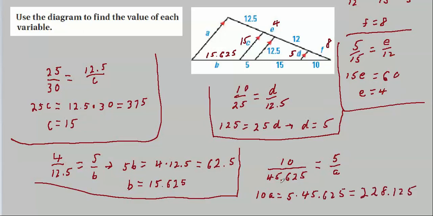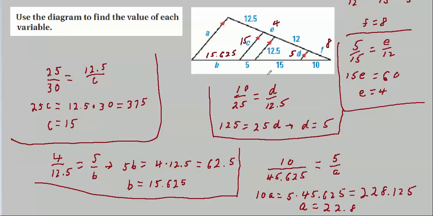So when we multiply this out, we cross multiply here and get 10A equals 228.125. Well, but to get A we have to divide by 10. Hope you can see this on the bottom of the screen. Well, when you divide something by 10, all you have to do is move the decimal point over to the left one, so it's 22.8 and all this stuff, which I would just round off to 22.8.